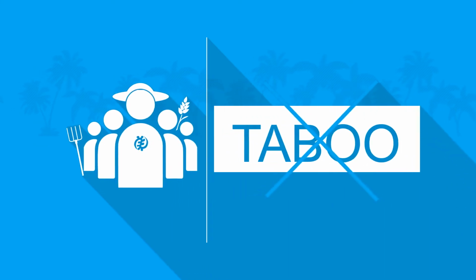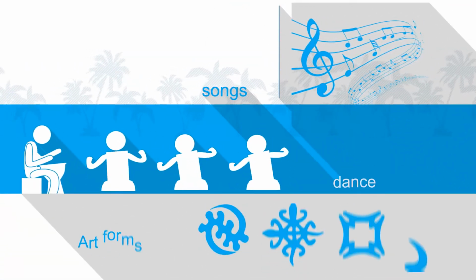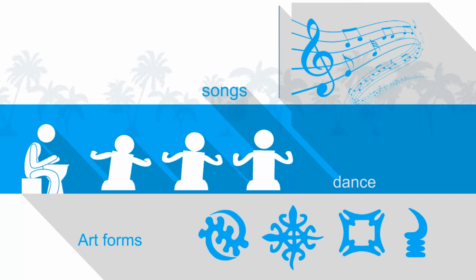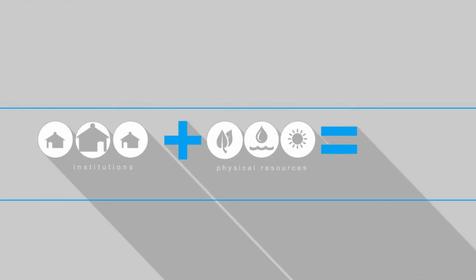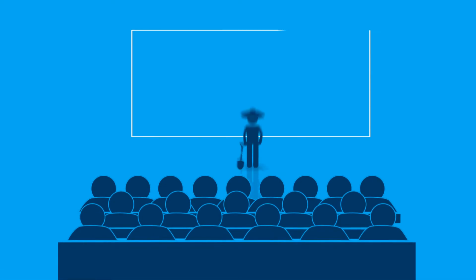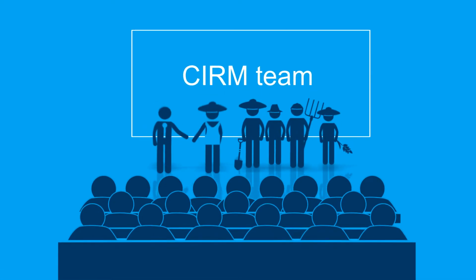This includes the taboos of the community, songs, dances, and art forms. The CIRM also enables the community to recognize its institutional and physical resources to be harnessed for the desired change. This process includes the training of a 5 to 7 member CIRM team to lead the documentation process.